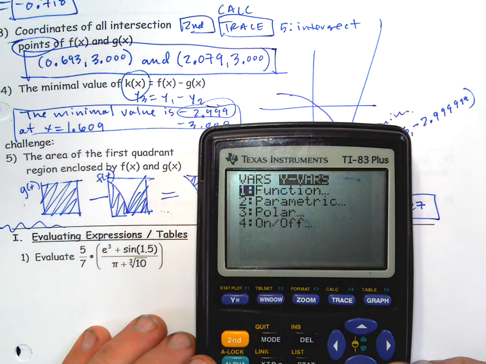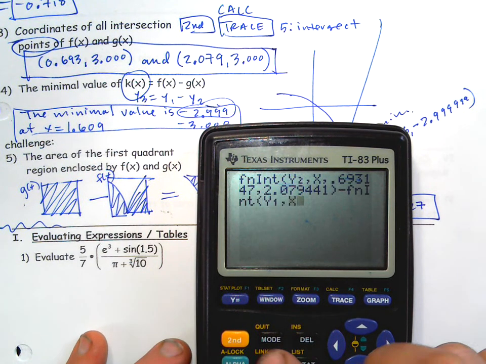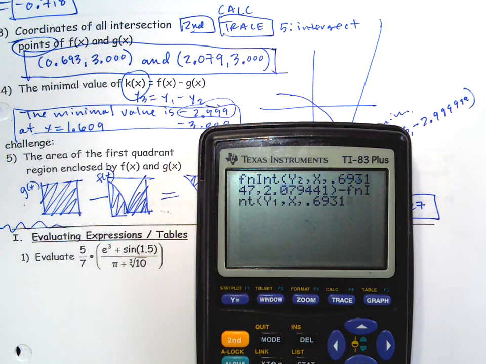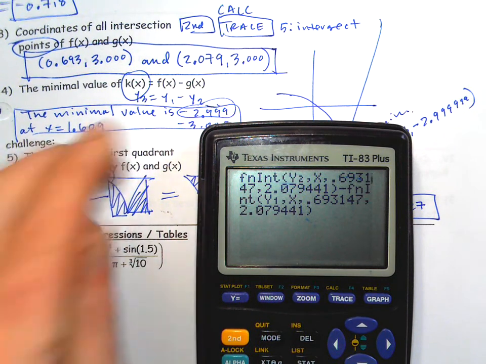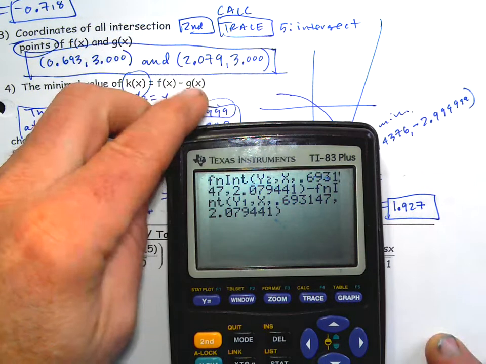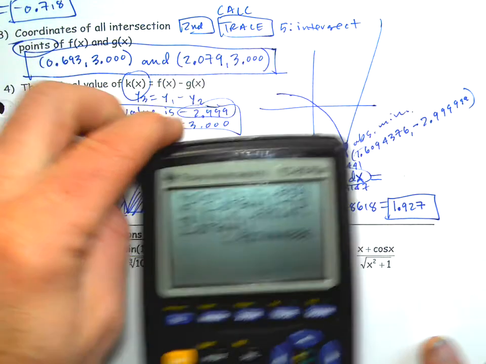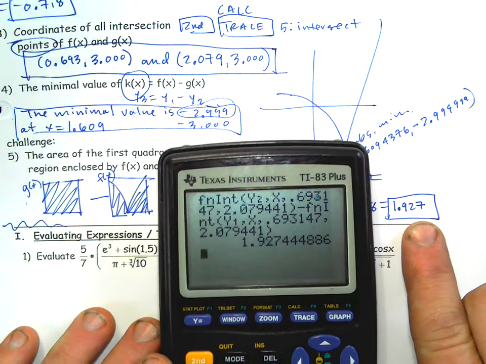Vars, Y-vars, function, Y1, comma x, comma 0.693147, comma 2.079441. And that should give us the same answer, all with one calculation, instead of having to do two separate ones, write them down, then redo it. Look, same answer, not rounded or truncated.